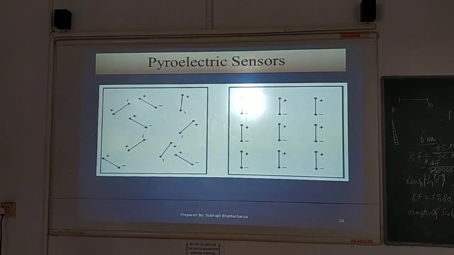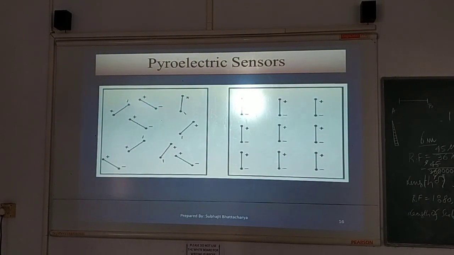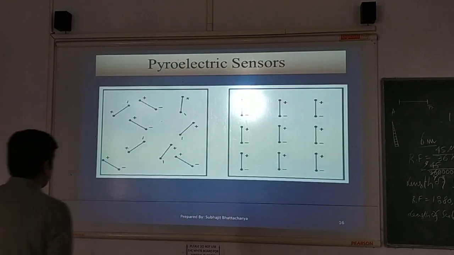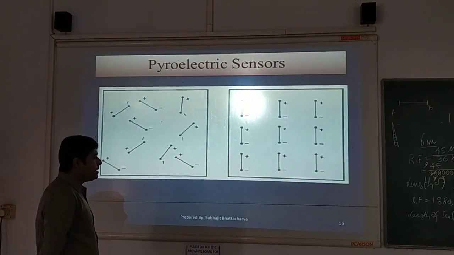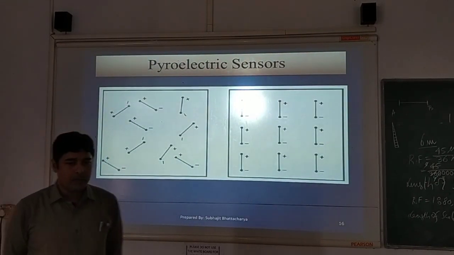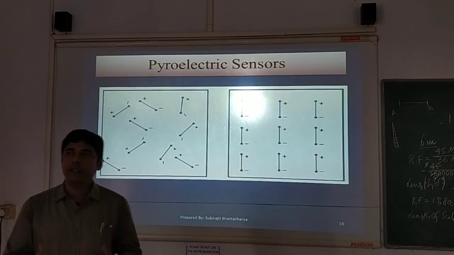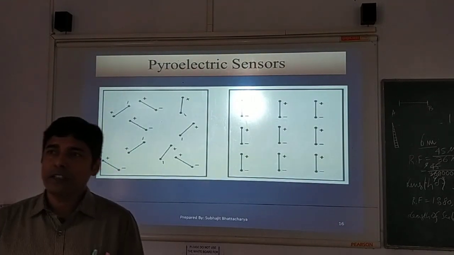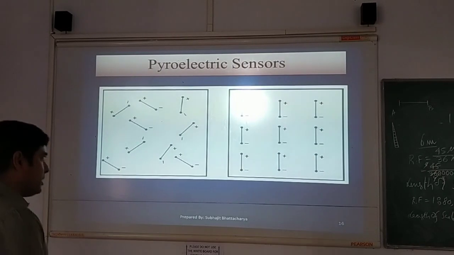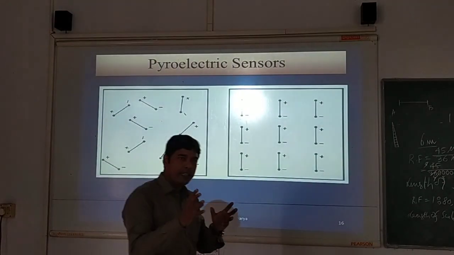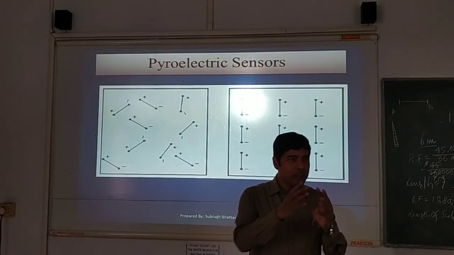Pyroelectric sensor. In case of pyroelectric sensors, what happens is that there are some materials, ferromagnetic materials. What is ferromagnetic materials? In case of ferromagnetic materials, there are magnetic dipoles within that material. You know the theory behind it.